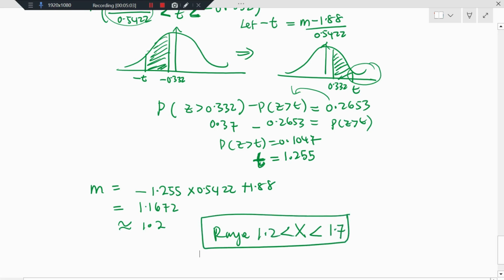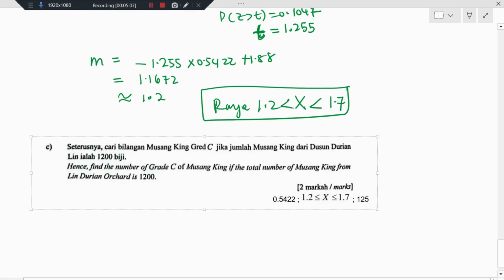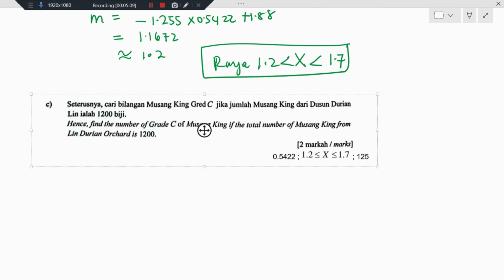Okay, and then now we go for question number C. Find the number of grade C Musang King if the total number of Musang King is 1200. This one is like your form 2 probability. Remember I told you this is your sample space. Now calculate the probability of grade C. Grade C, very simple. The total probability is 1.